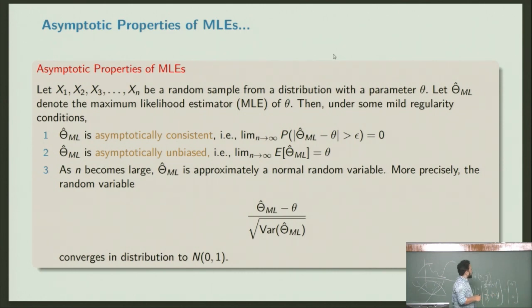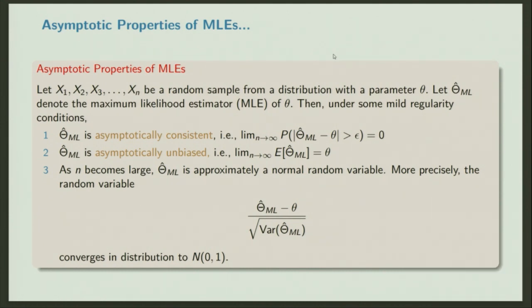As n tends to infinity, the probability of the maximum likelihood estimator being away from the true quantity that you want to estimate, in this case theta, goes to 0. So this result says that when you use MLE estimates, as the data size grows bigger and bigger, you will approach the true value, and it becomes asymptotically unbiased as well.